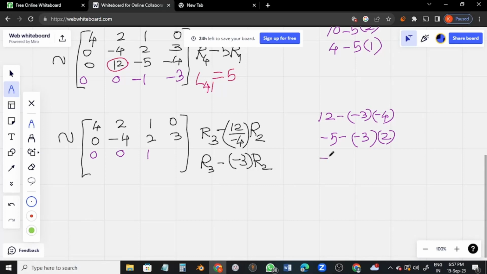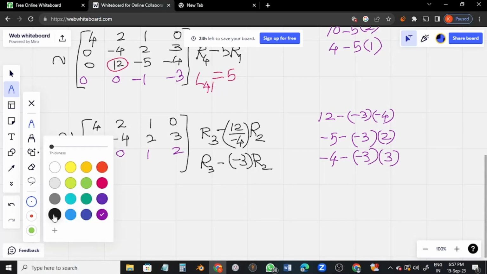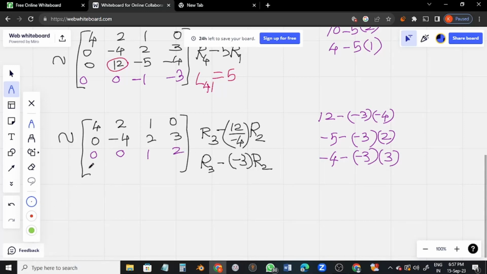And the last thing, last move, this is minus 4 minus thrice, that is a 3. You can see there is a 3. So minus 4 plus 6, making it 2. And let us copy down our last row, that is 0, 0, minus 1, minus 3.